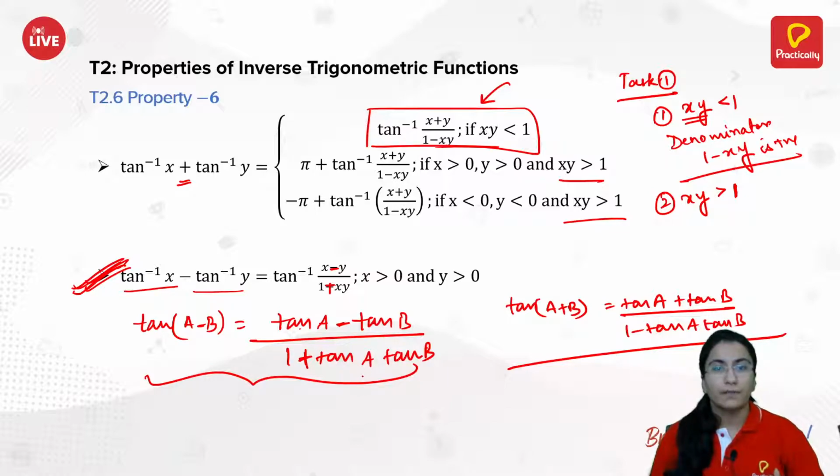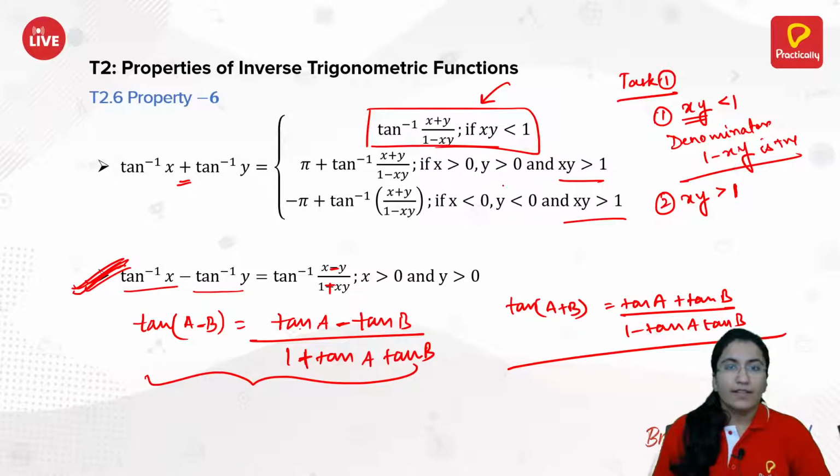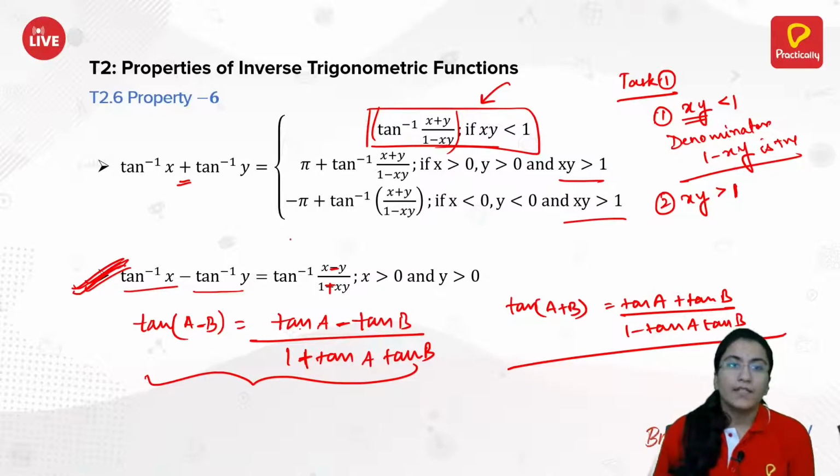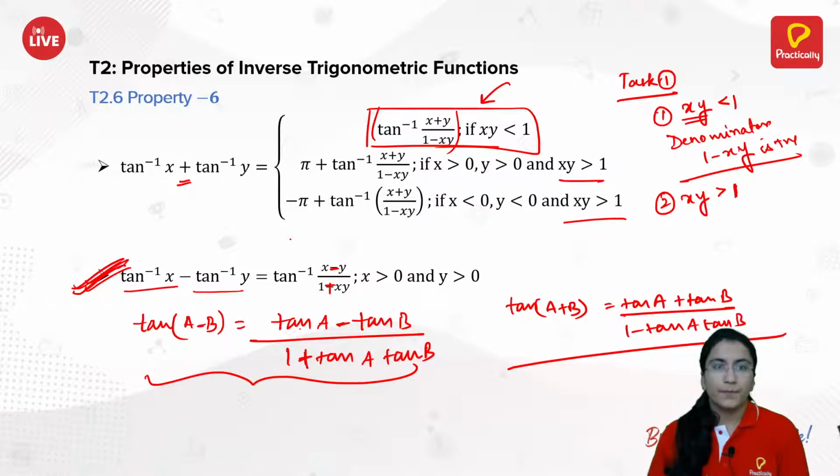If they have different signs, then you can't find the value directly. So basically you have x greater than 0 and y greater than 0. That means you need to add pi to this function value, right? And if you have both the signs as negative, that means you will subtract pi from it.